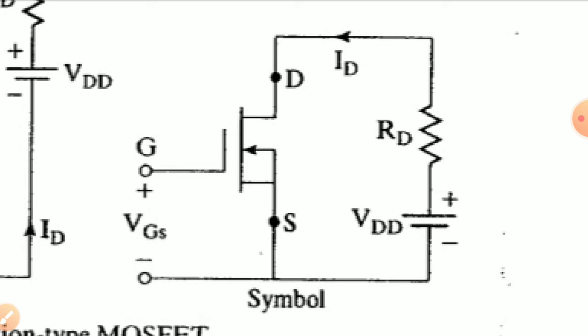This is the symbolic representation or equivalent circuit of the n channel depletion type MOSFET. So that is about the depletion type of MOSFET.